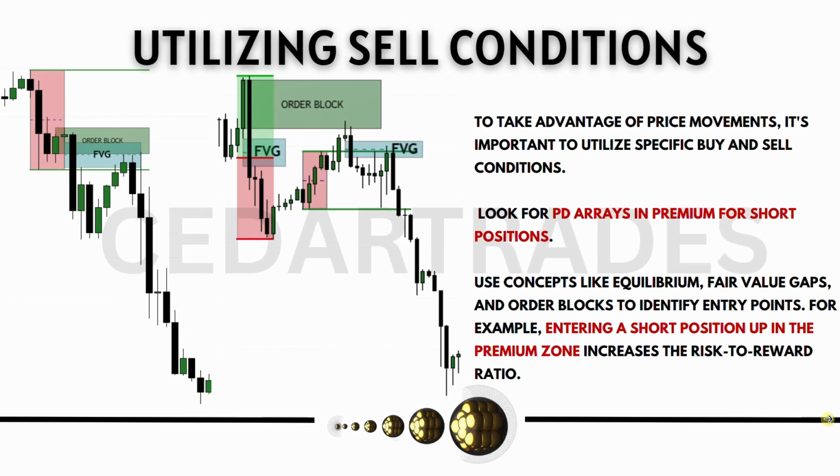And above 50%, we look for our fair value gaps and order blocks to identify our entry points. For example, we are entering a short position up in the premium zone above 50%, which also increases our risk to reward ratio if we put our stop loss above those highs.